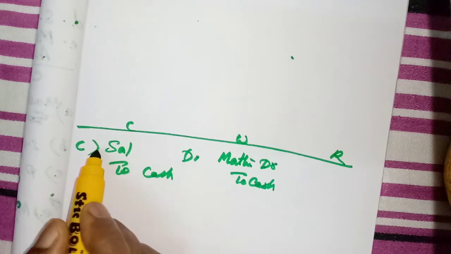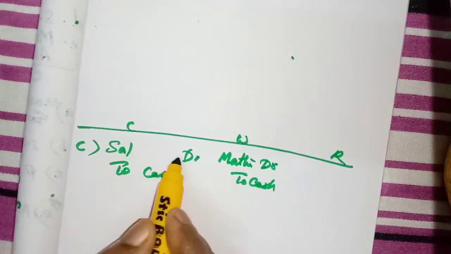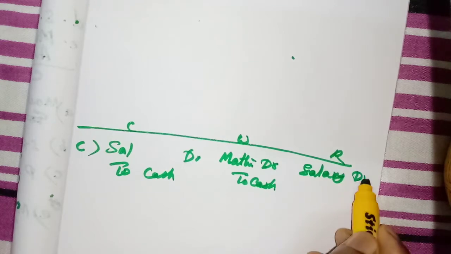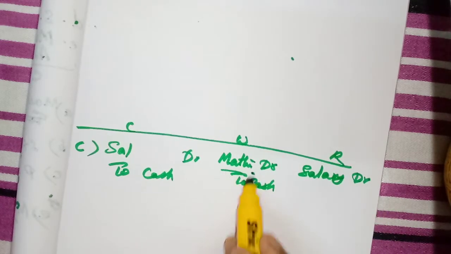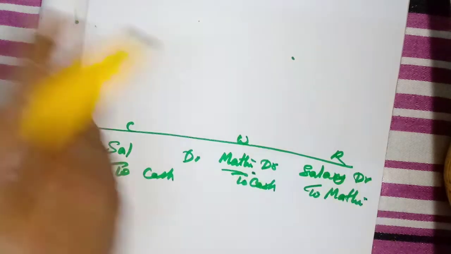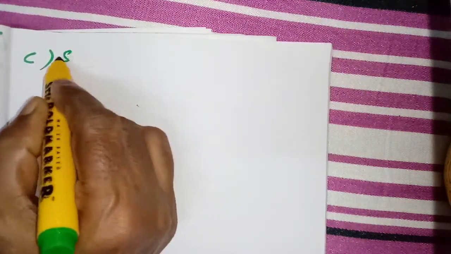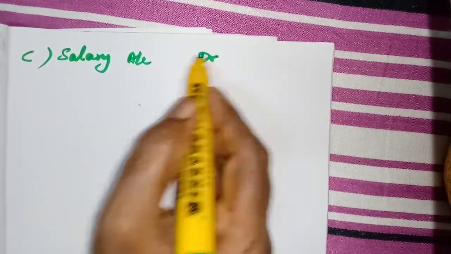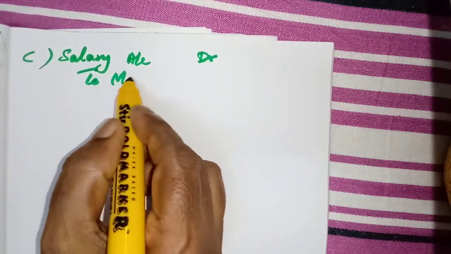So, what should be debited? Salary. Salary debtor to Madhi was wrongly debited. Now to rectify this one, we need to credit, so Madhi's account should be credited. That is the rectifying entry. Salary account debtor to Madhi's account.